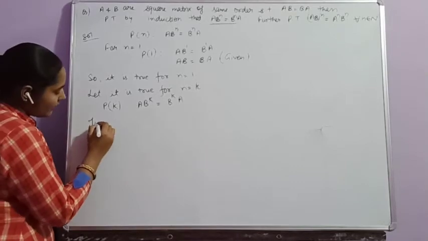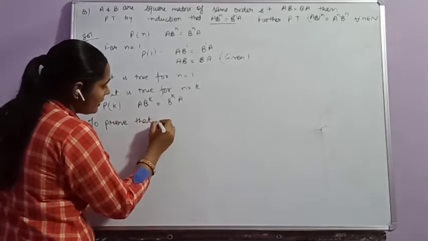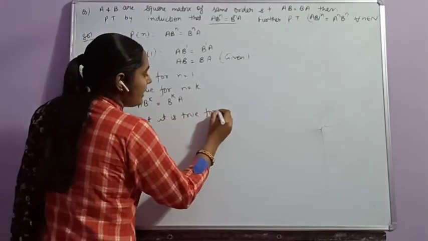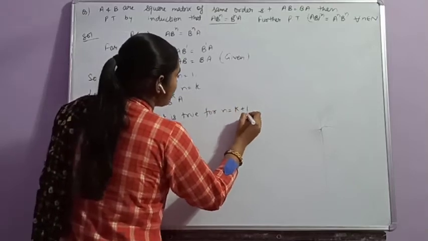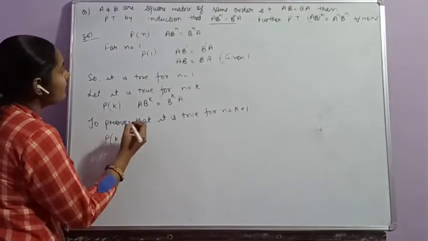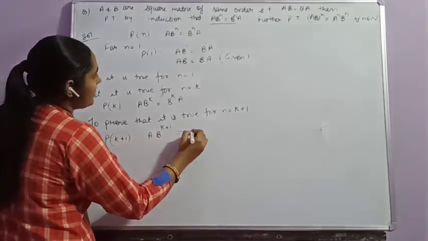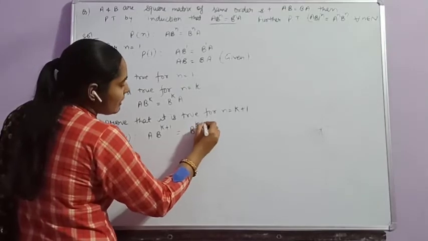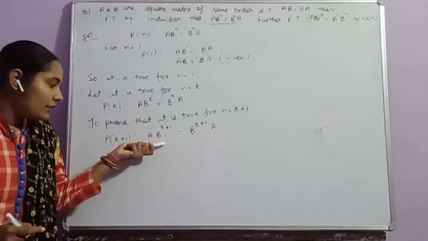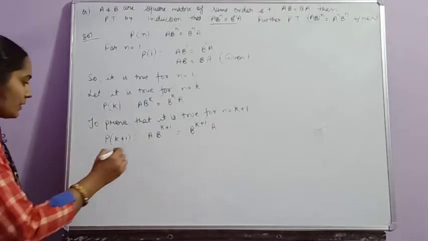Now to prove that it is true for n is equal to k plus 1, Pk plus 1 will be AB raised to the power k plus 1, and the right hand side will be B raised to the power k plus 1 into A. Clear? By solving the left hand side, we prove that it is equal to the right hand side.